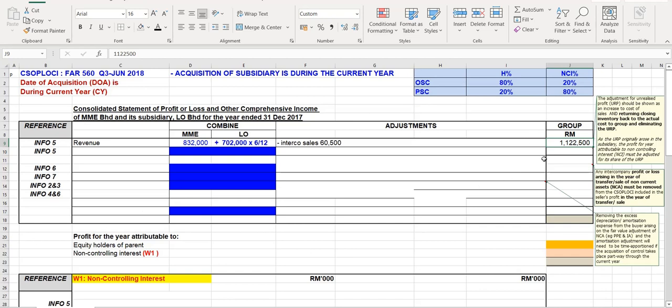Next is what you would have for the cost of sales. The cost of sales would be, so let me just add one thing here. It should be million here. Make sure you do include that in yours, right? So cost of sales, as I mentioned, you need to do the same for this.